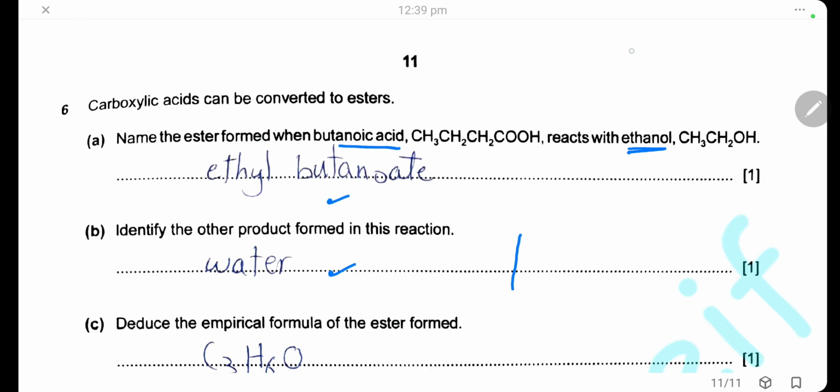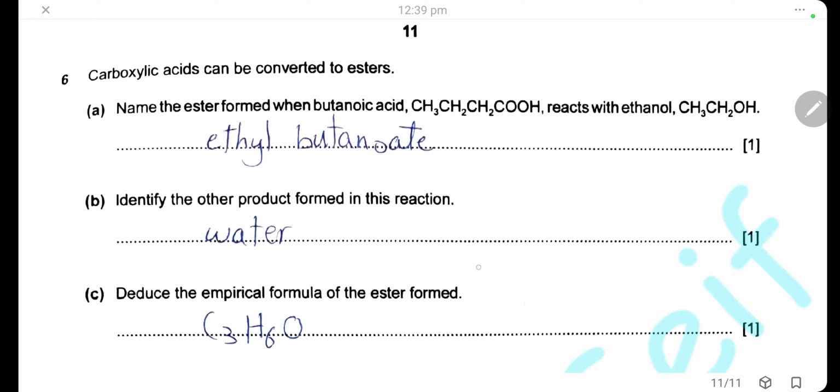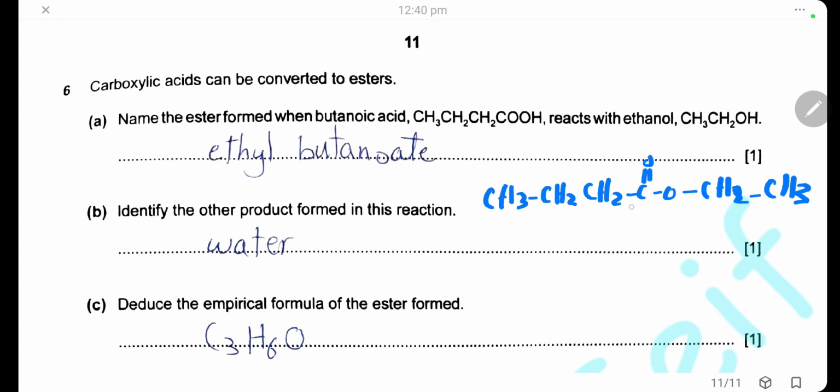Deduce the empirical formula of the ester formed. We will write the formula of the ester, then we will simplify it to get the empirical formula. Here is the formula of the ester formed. This is the ester ethyl butanoate. To get the molecular formula, we will count the number of carbons.